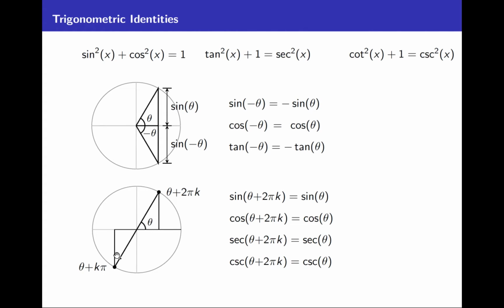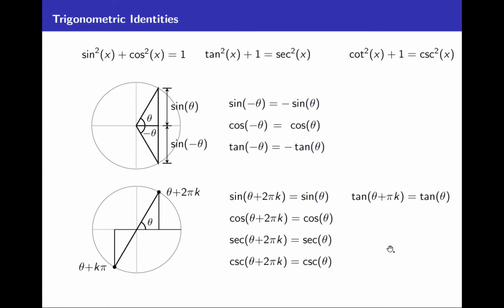So on the opposite side of the circle, you get the same triangle. The only difference is that these two sides are the negatives of these two. So in computing tangent of this angle, theta or theta plus pi k, the negatives just cancel out.